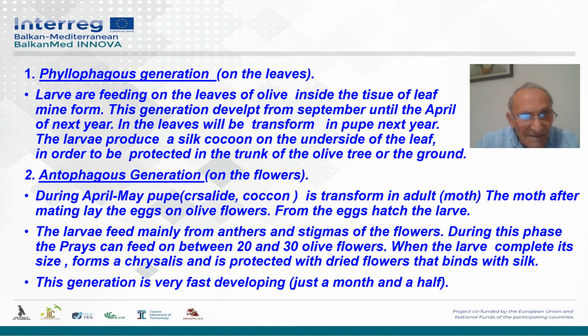During this phase, Prays can feed on between 20 and 30 olive flowers. When the larva is complete in size, it forms a chrysalid or cocoon and is protected in dry flowers. This generation develops very fast, just a month and a half.